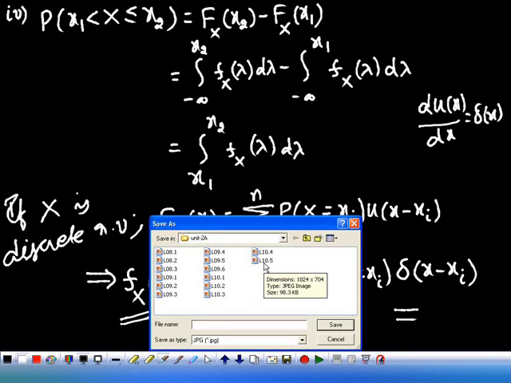Write down. A discrete random variable X is defined by the CDF FX(x), which is shown below.